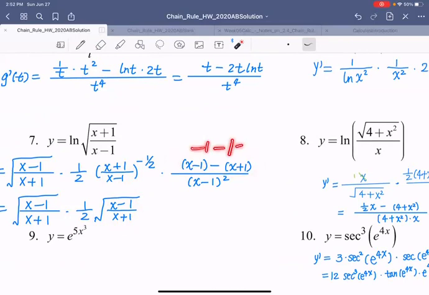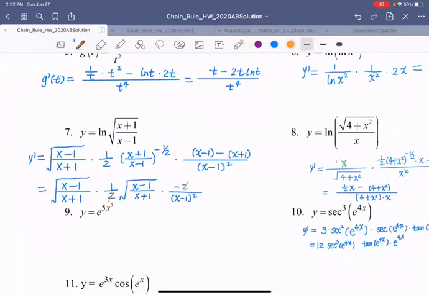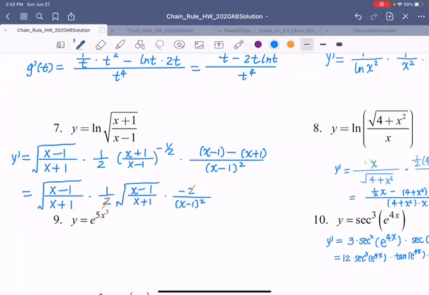That's just -2. So then you can cancel it out with the half. This can be canceled out. And then x minus 1, x plus 1, right?